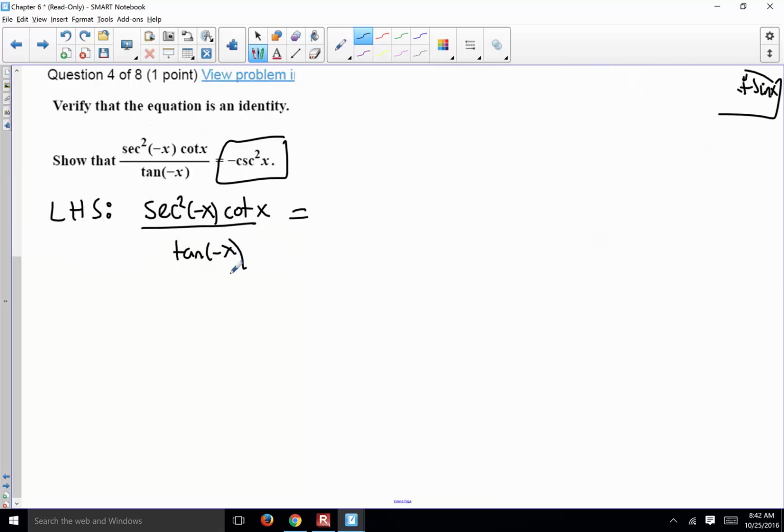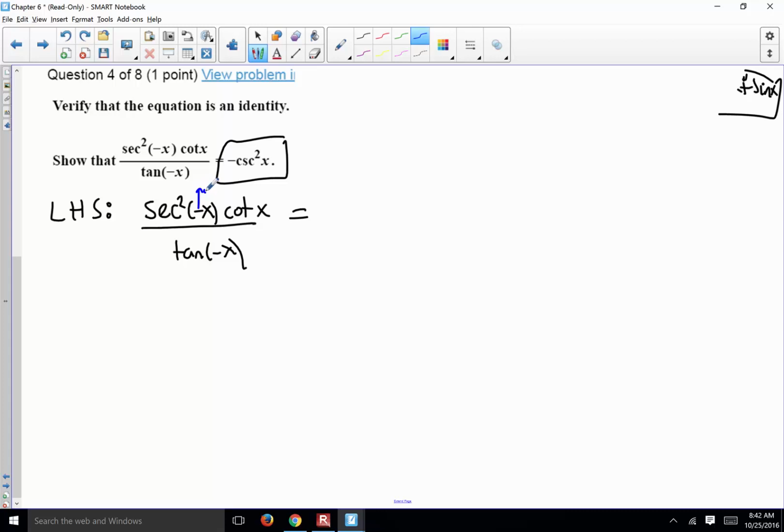What do you want to do first? Get rid of the minus sign? Yes, we never like the minuses inside. Get rid of them. And we know, except cosine and secant, everything is odd. Means minuses come in front, but except secant. So secant will take care of this minus.